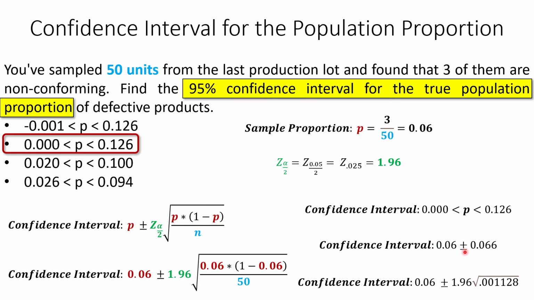So we're going to do 6% plus or minus 6.6%. On the lower side, when you take 6% minus 0.066, you get a negative number. It is impossible to have a negative defect rate, so we round up to 0 as part of that interval estimate. So the right answer for the 95% confidence interval is 0 all the way up to 12.6%, and that is absolutely it.